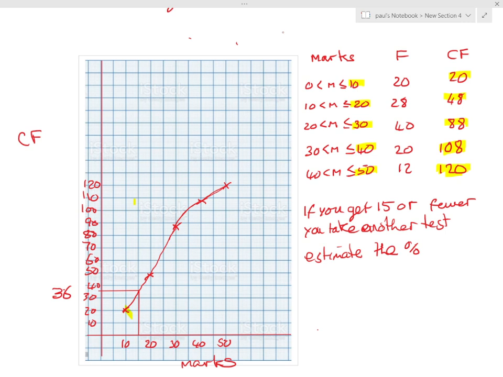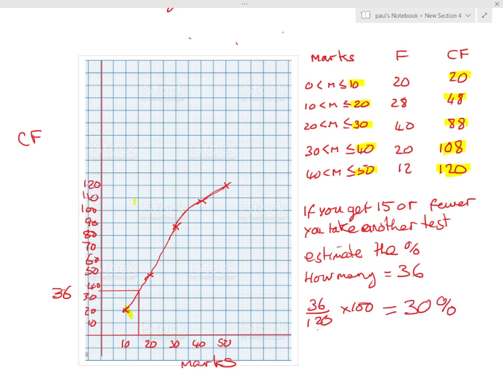So if they ask you for how many, it's 36. Now the percentage to take another test is 36 over 120 times 100, which is 36 divided by 120 times 100, which is 30.